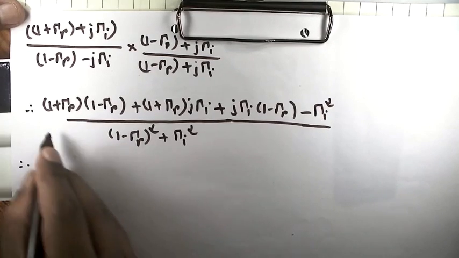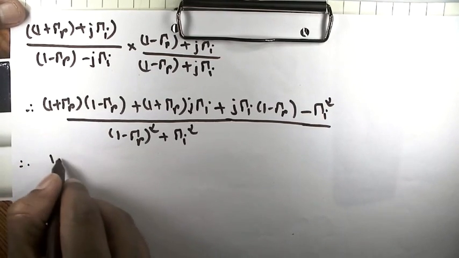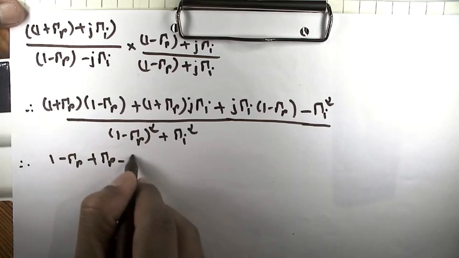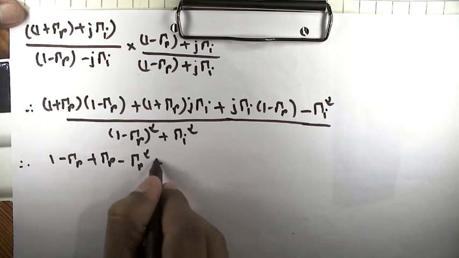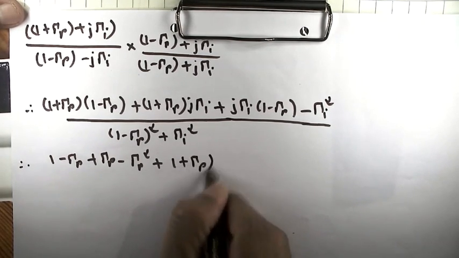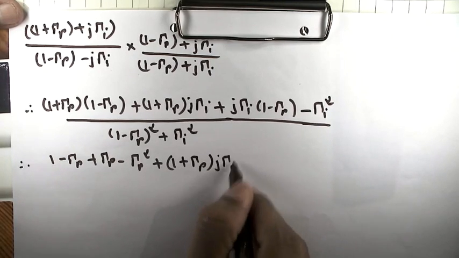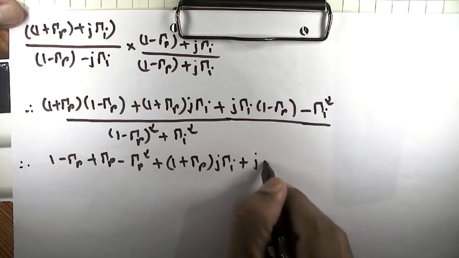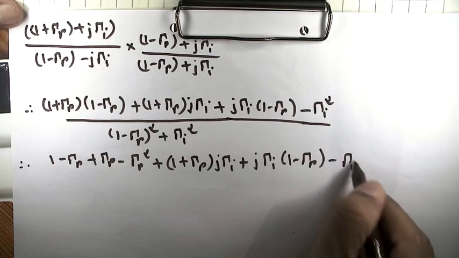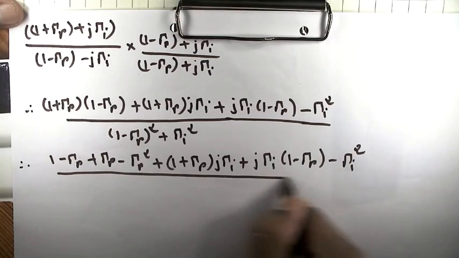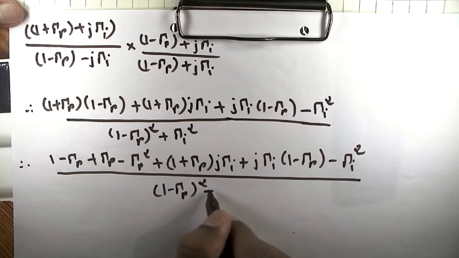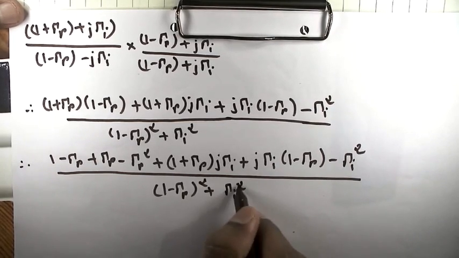So once again simplifying, we get 1 minus sigma r plus sigma r minus sigma r square, plus j times sigma I plus j times sigma I times 1 minus sigma r, minus sigma I square, divided by 1 minus sigma r whole square plus sigma I square.